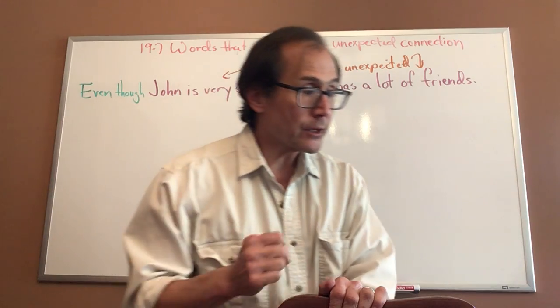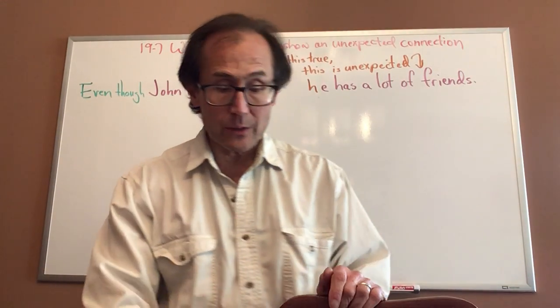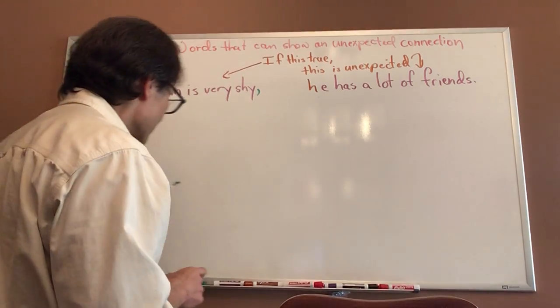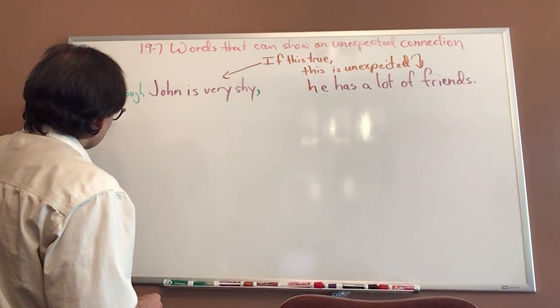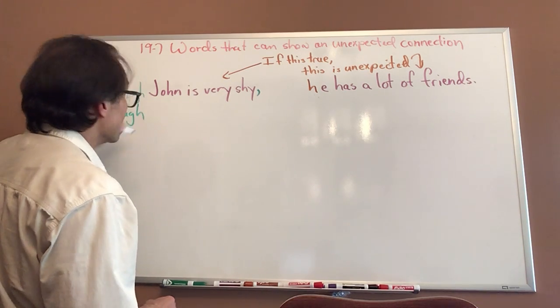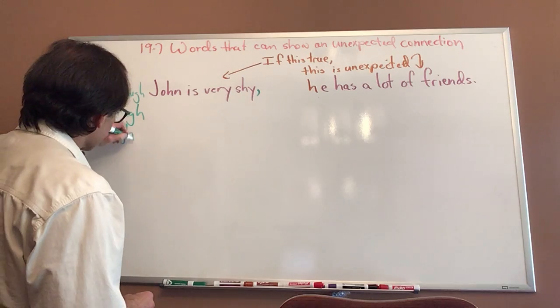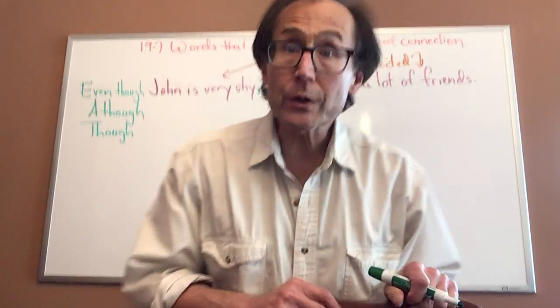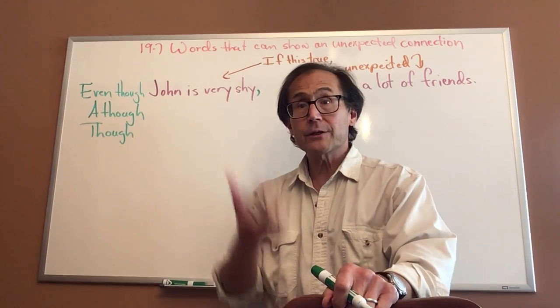Now, there are two other words that your book gives that work the same way as even though. One is although. And the other is just though. And you can usually use these words interchangeably.